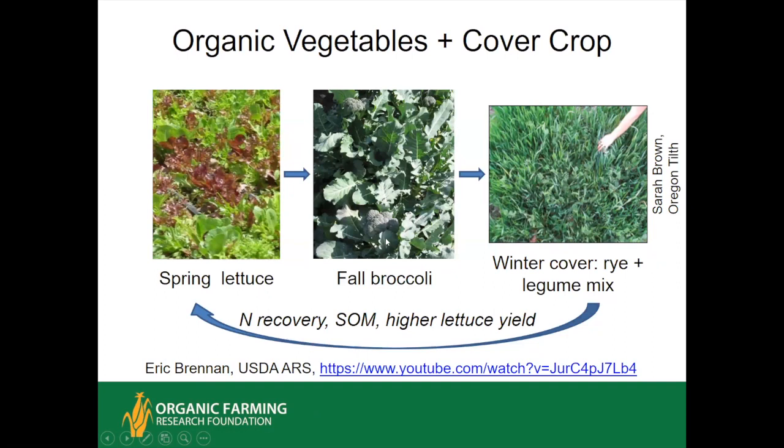And that's because broccoli is a nitrogen hog. You really have to load the nitrogen on to make it an economically viable crop. And it's not super efficient, so there will be a significant amount of nitrogen left in the soil profile. And if the next year's lettuce can get that, it's going to do great. But the only way you can guarantee that in a super rainy winter is to have it all being recovered by a vigorous cover crop.